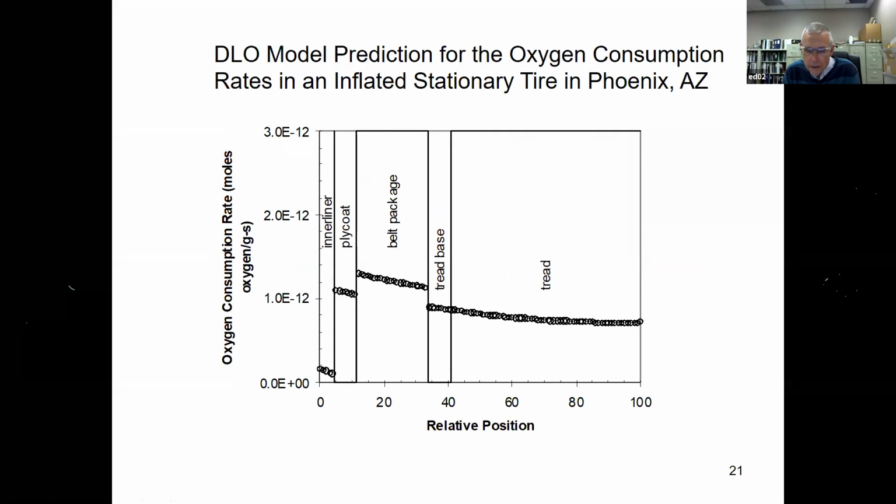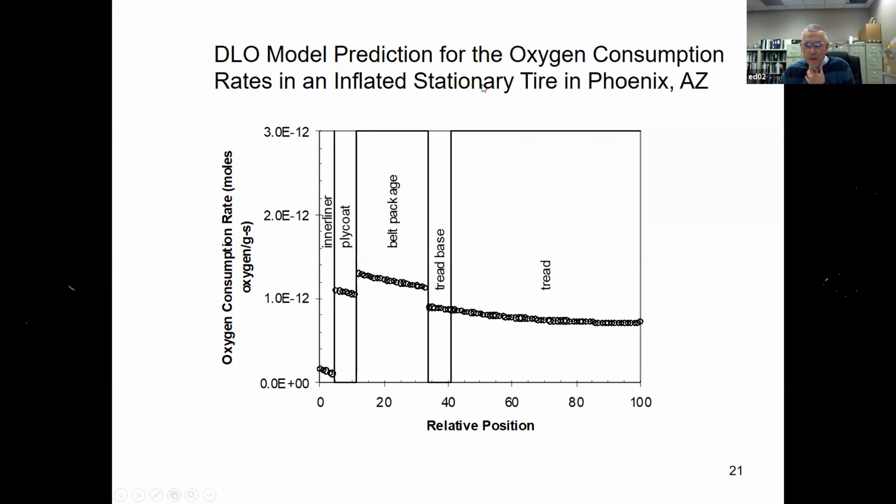And this is kind of a big jump and hard to understand, but in our fourth session, we've focused totally on diffusion limited oxidation models. If you come back for the fourth session, you'll understand. But here we're using the diffusion limited oxidation model to predict the oxygen consumption rates.